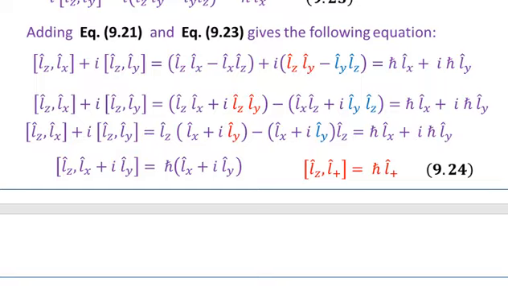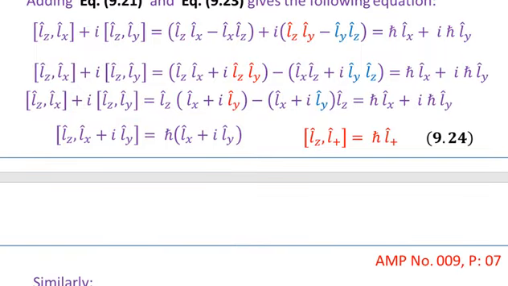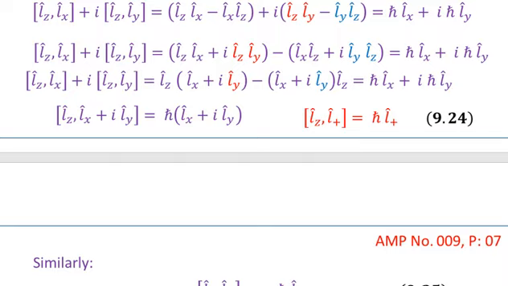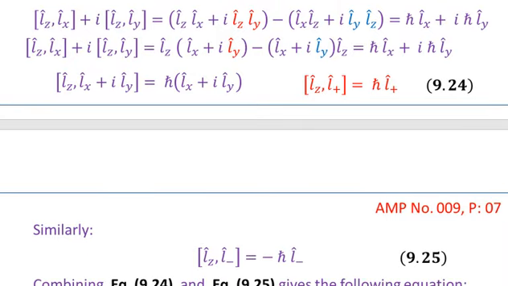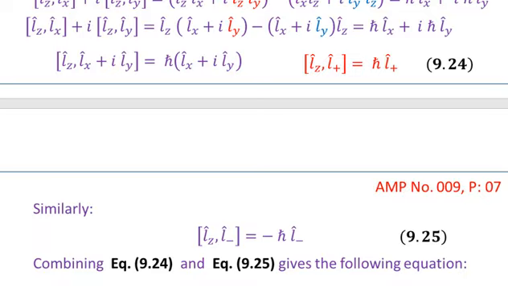By similarly performing such mathematical manipulations, I can also write equation number 25 directly: the commutator of Lz and the L minus operator will give you minus h bar L minus. Without giving the detailed derivation, I have directly written this as shown in equation number 25.